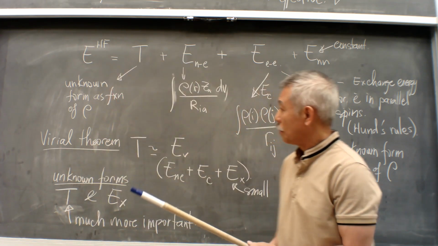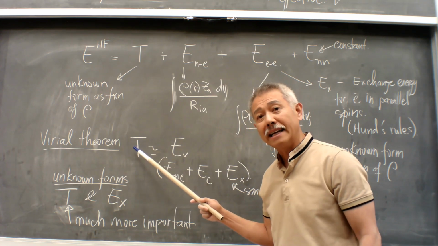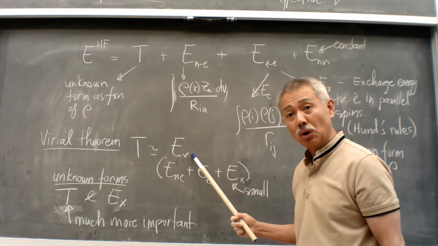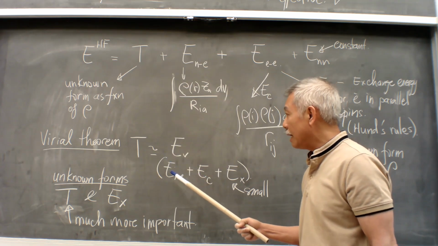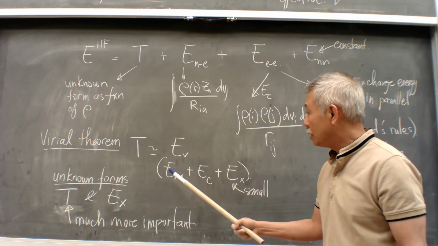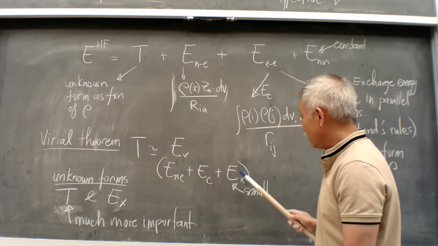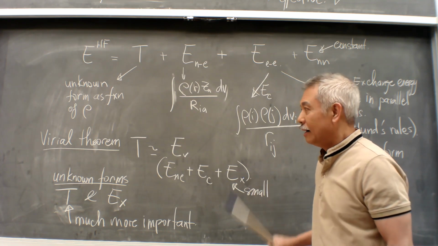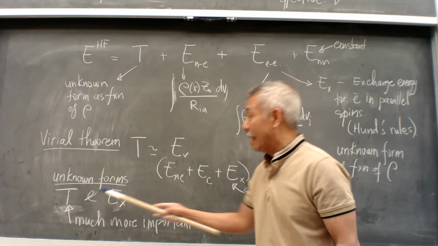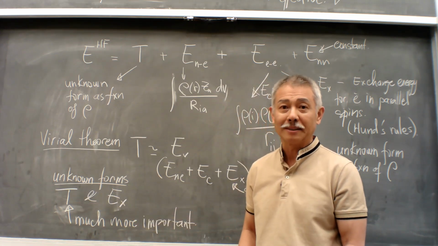However, the virial theorem says that the magnitude of the kinetic energy is roughly the same as the potential energy. And the potential energy consists of those three terms, of which we already know two major terms, and the exchange is pretty small. So between the two unknown terms, definitely the kinetic energy is much, much more important.